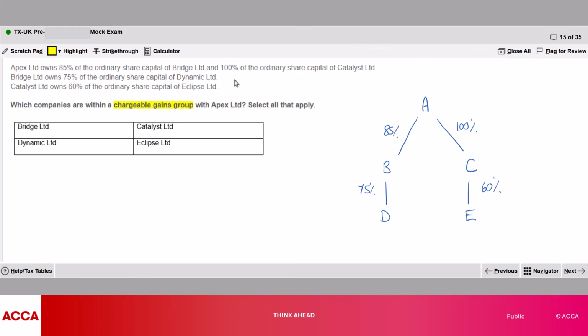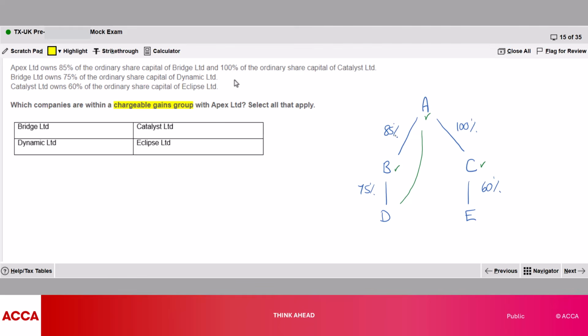To form a gains group, we are looking for a 75% direct share. Start with A. We've got 85% of B, so B can be in the same group, and 100% of C. C can be in the same group. The tricky bit is when we come to the sub-subsidiaries. What effective share does A have in D?